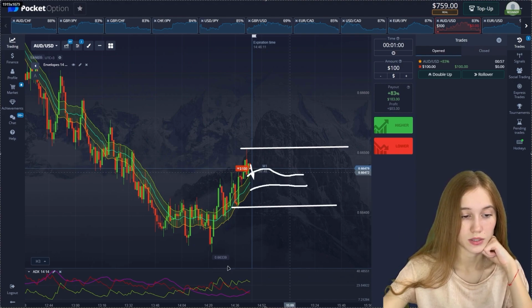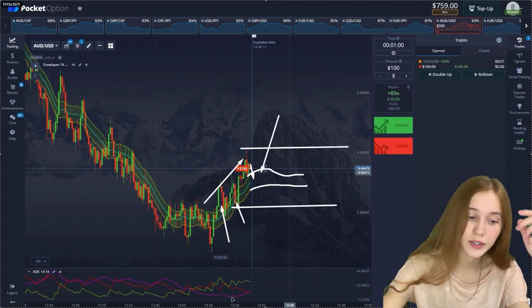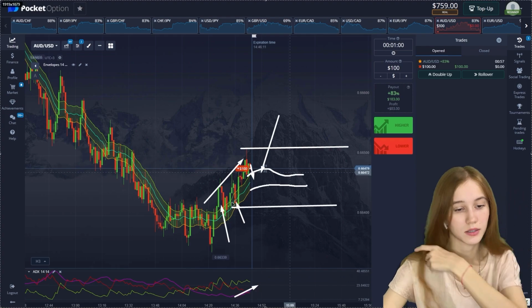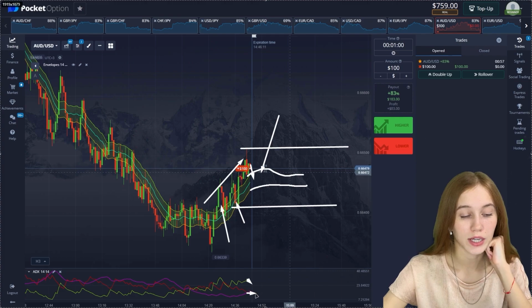Yeah, we see it. So according to some corrections, the general trend shows growth. ADX, we see intensity is growing. The green line begins to fall and the red line begins to level off. This indicates a change in trend.